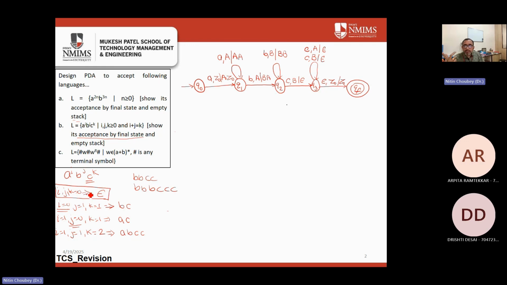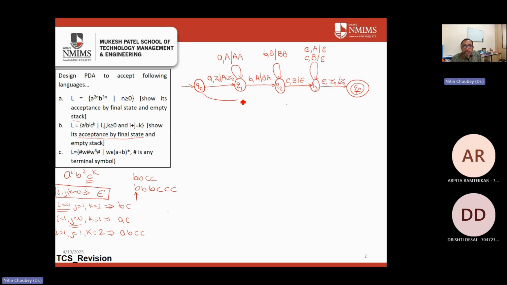Because A's are not available, we're assuming A equals 0. So your first input symbol would be small b. For this small b, we'll directly go to the case wherein we are pushing capital B for each small b. That is nothing but the state number 2, Q2.